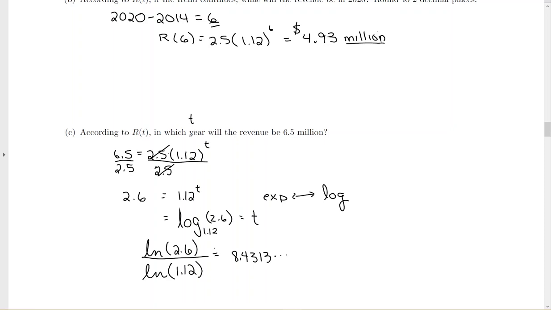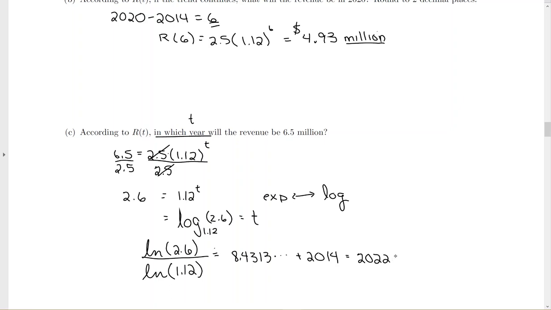But they want to know in which year. So it's not in year 8. We have to figure out what's the year. So we start with our initial year again was 2014, and add it to that number that we just found. So it's going to come up in the year 2022 and change.